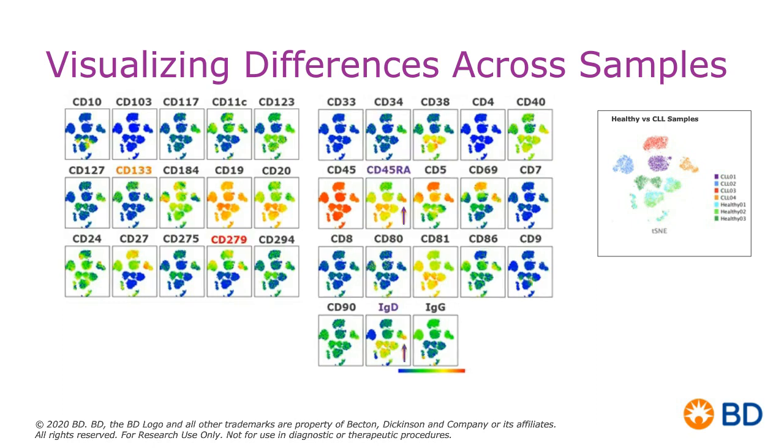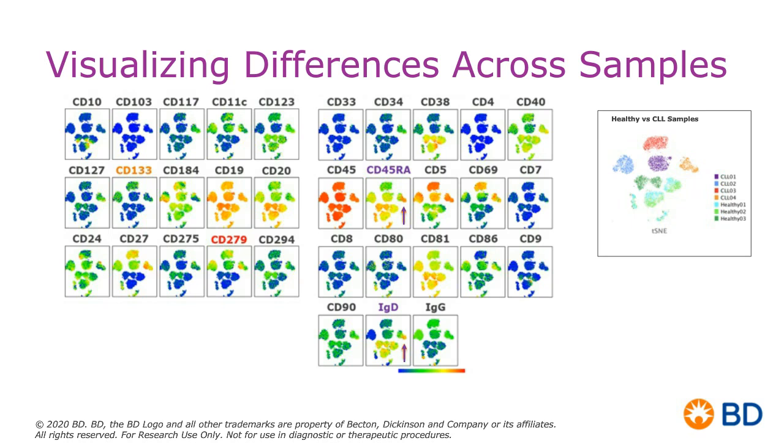Now if we want to look at what most likely drives the distinction and clustering for these individual samples, we can start looking for differences between the healthy and the CLL. And I will draw your eye to CD279. CD279 is the third row in the fourth plot over. You can see that all of our CLL samples are positive for having bound the CD279 antibody.